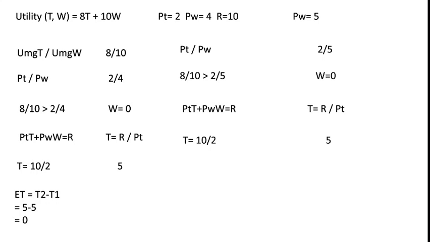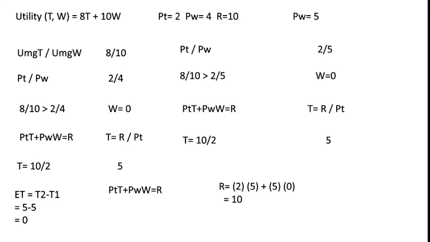Now we need to subtract T2 and T1. In this case, T2 is this and T1 is this. In this case 5 subtract 5 equals 0. Now we need to get the new rent. In this case, price of T multiplied by T plus price of water multiplied by water equals rent.